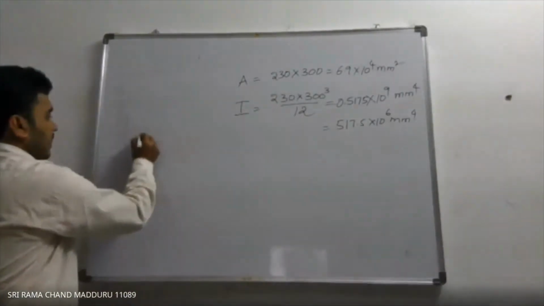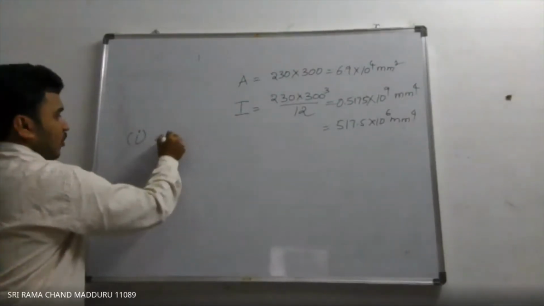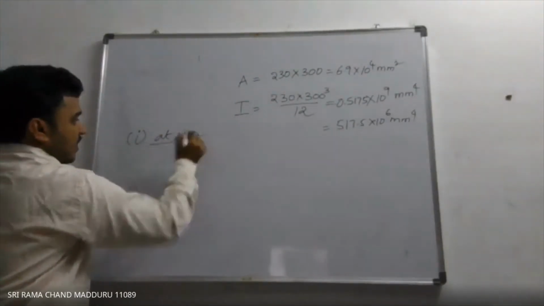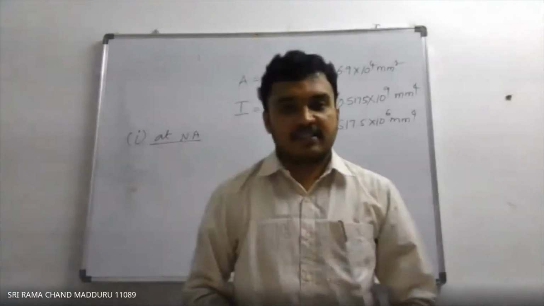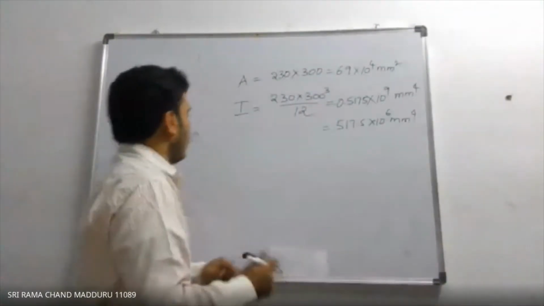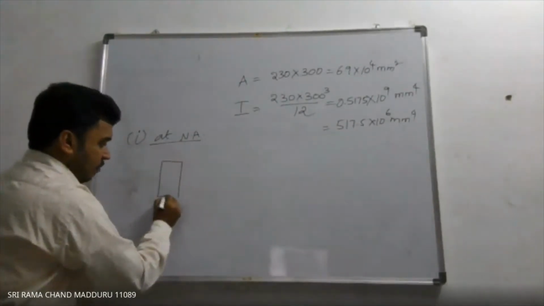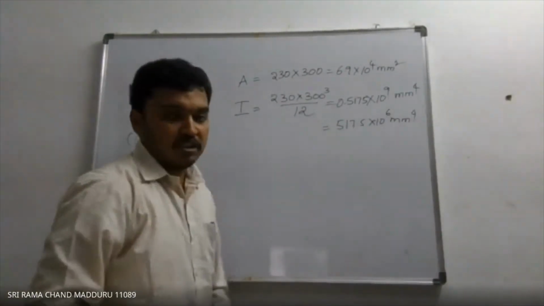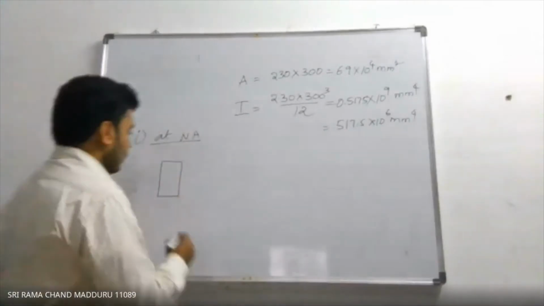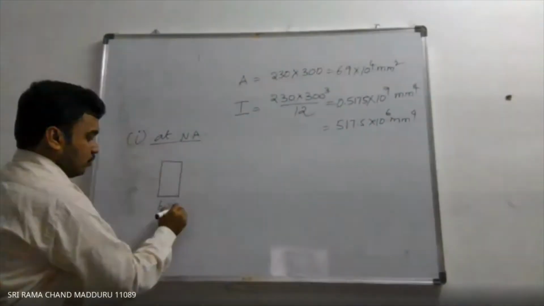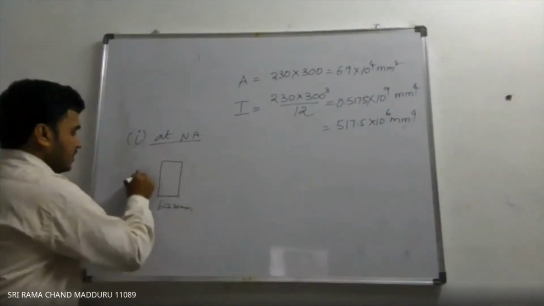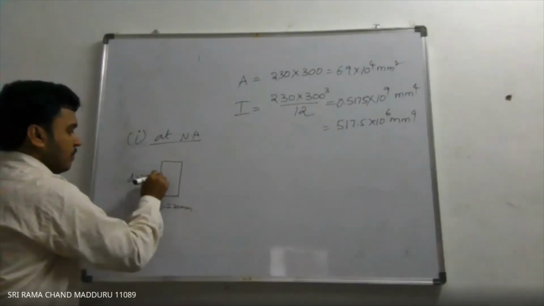Now I am calculating at neutral axis. Pre-stressing is at neutral axis. So draw the cross section. First of all, every time, remember, we should draw the cross section of the beam. So B is equal to 230 mm, D is equal to 300 mm.